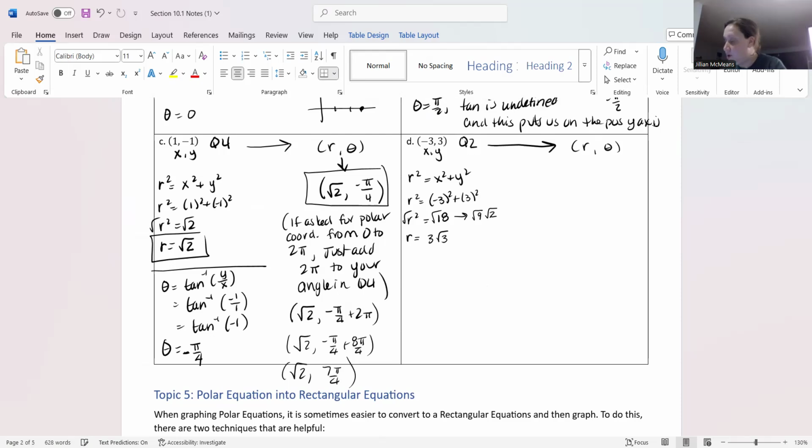Okay, so far we have 3 square root 2, comma. We've got to figure out what our angle theta is. So we know that we can say theta equals inverse tangent of y over x. Well, in this case, y over x is 3 over negative 3. So we get inverse tangent of negative 1.